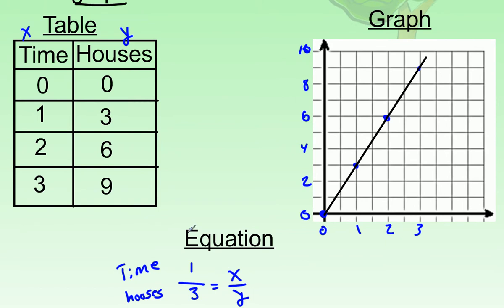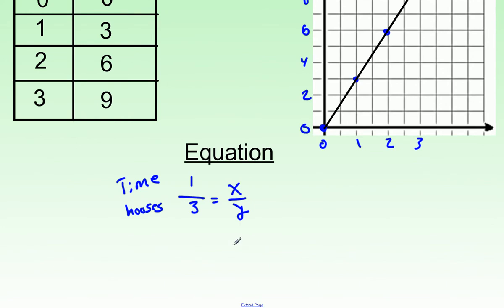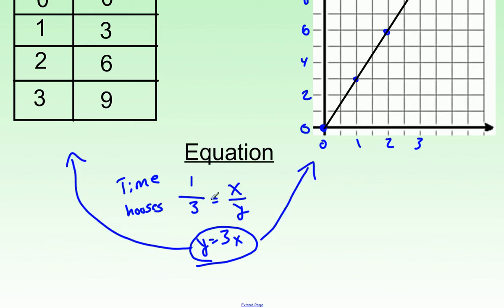And the X is because the time is the X, the Y is because the houses are the Y. And if we cross multiply here, we get 1y equals 3x. And that's already solved for y because you don't need the 1 in front of the y. You divide by 1, you get the same thing. So we have an equation. We have a graph. We have a table that are all showing the same information.